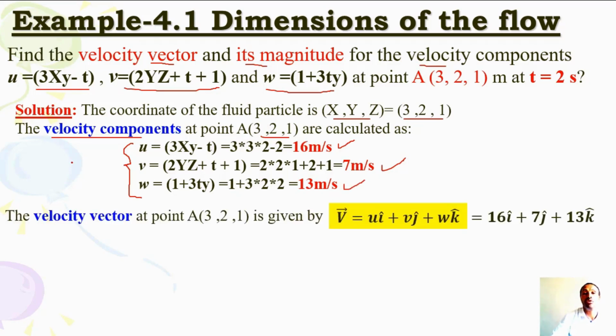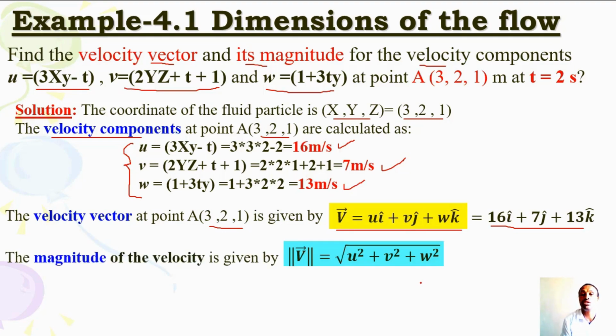So the velocity vector at the point (3, 2, 1) is given by the general equation for the velocity vector, which is ui plus vj plus wk. Simply substituting the values, you find the result 16i plus 7j plus 13k.